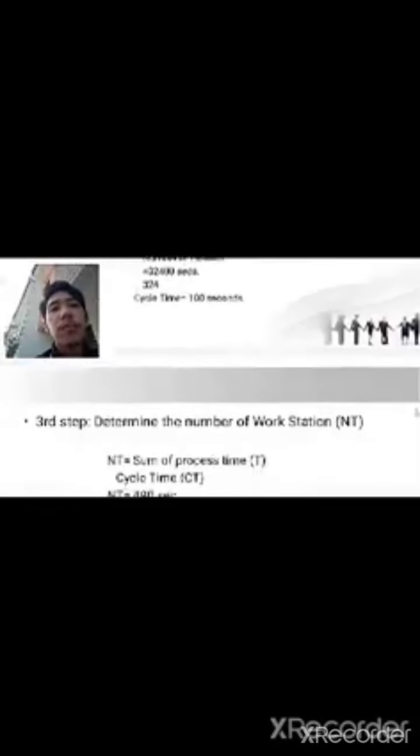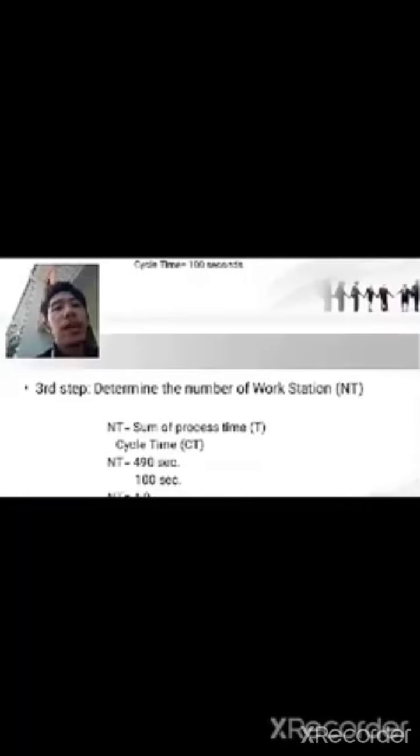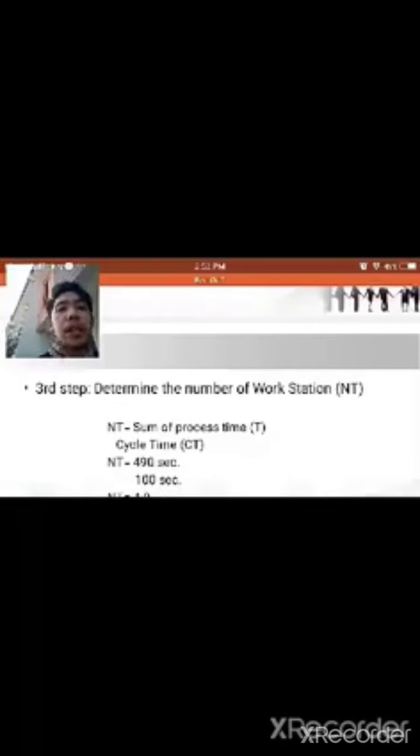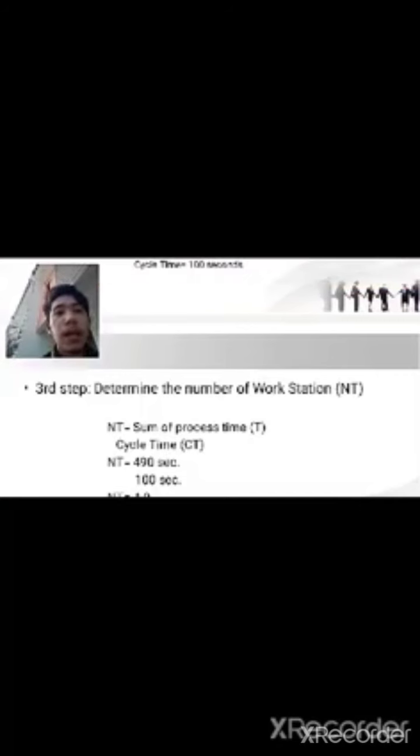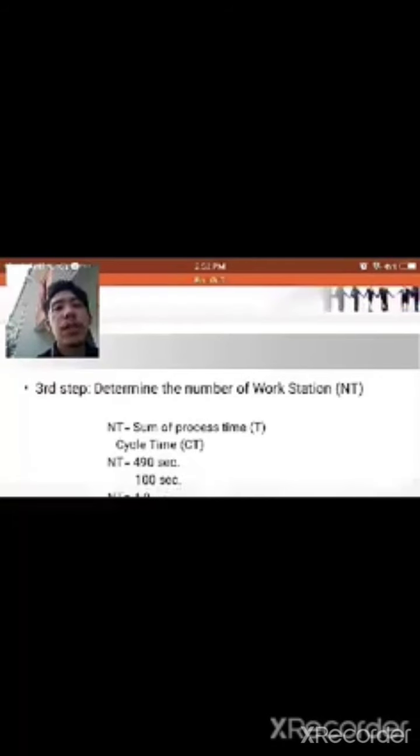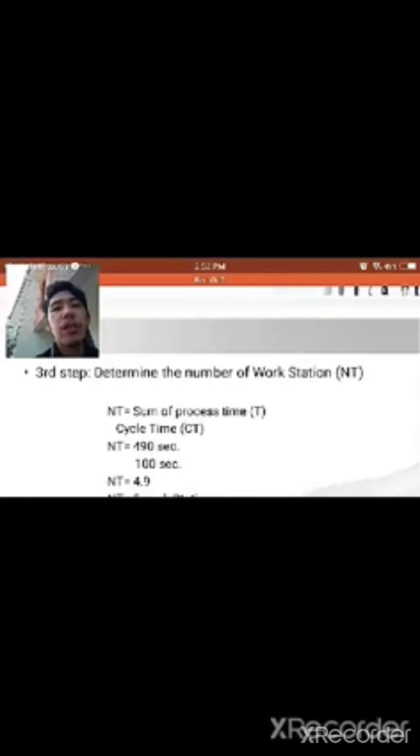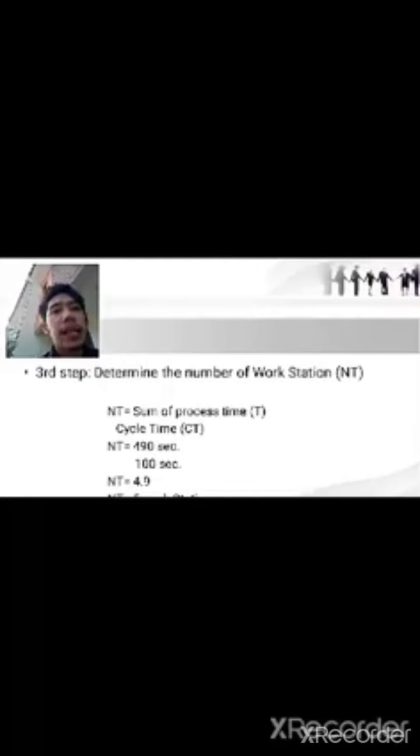The next step is to determine the number of workstations. This is very important because in our study, we need to provide the number of workstations to allocate the production processes. In calculating the workstations, NT equals the sum of process time over cycle time.